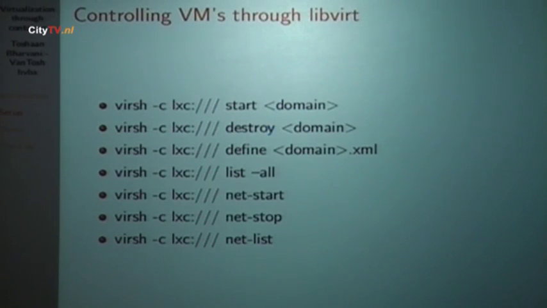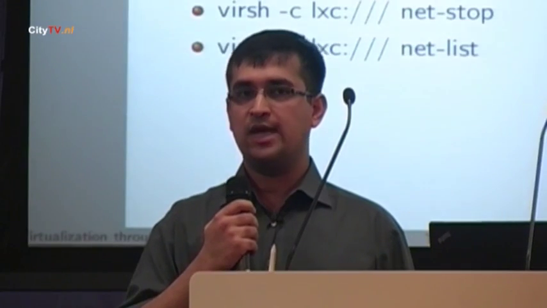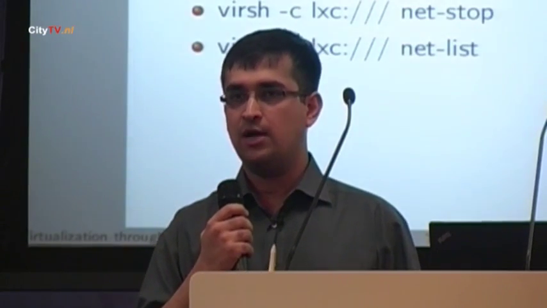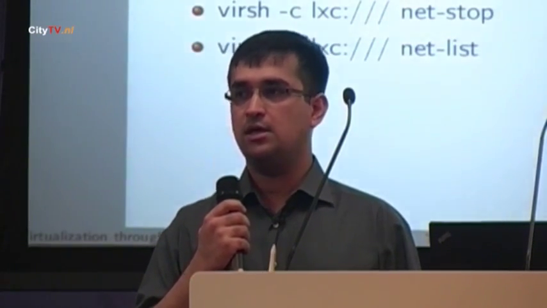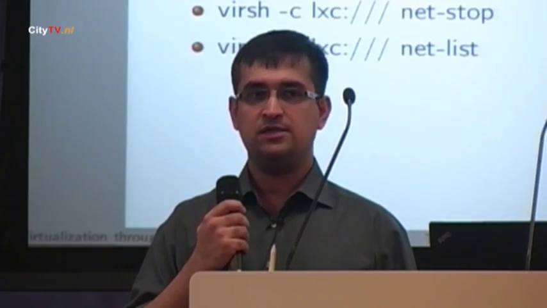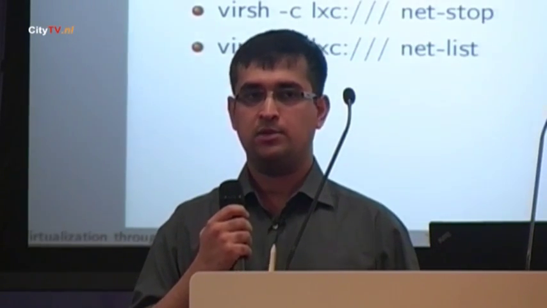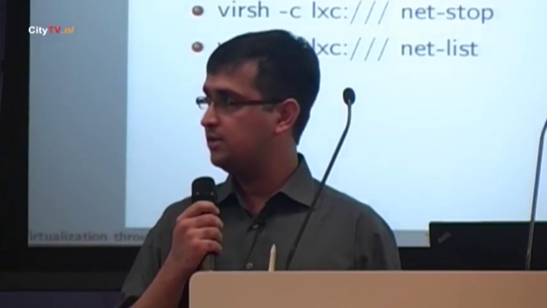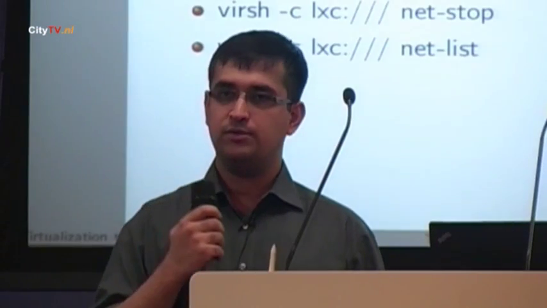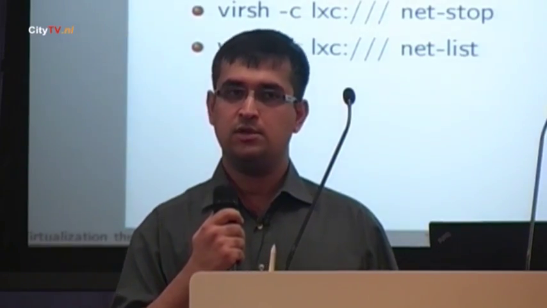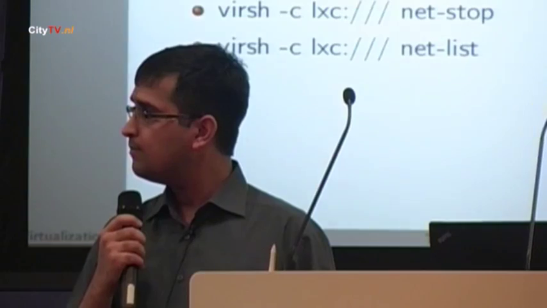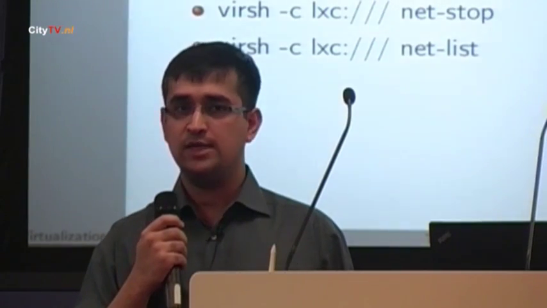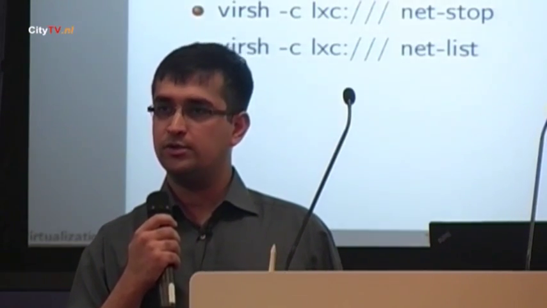Some commands have not yet been enabled because it's not possible to do. Others will not be possible, like shutdown. You can't shut a container down because it cannot get an ACPI command. The shutdown normally connects to the ACPI connector and then shuts down your machine. So you need to destroy it, which basically is a force shutdown. For the rest, they are all quite the normal libvirt commands.